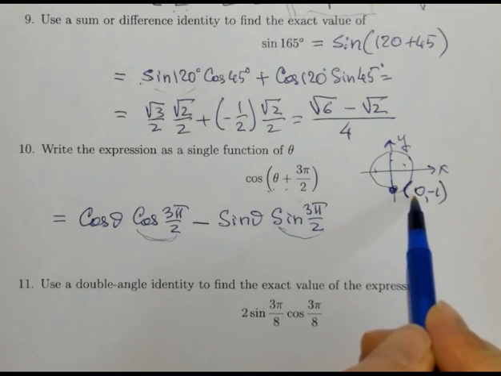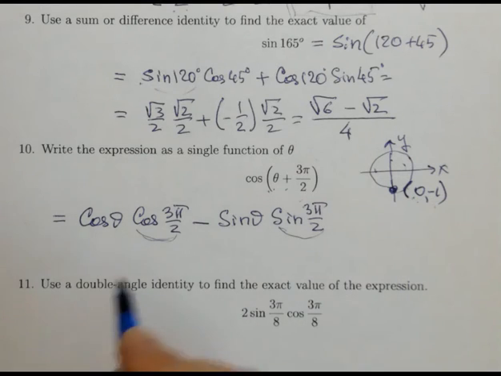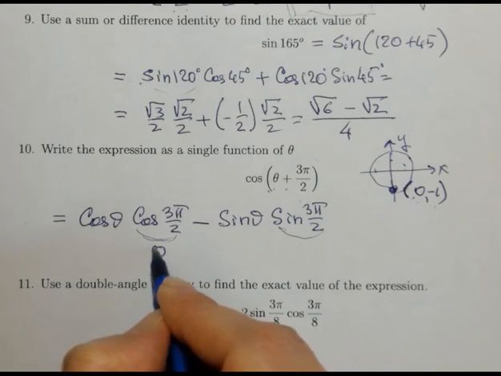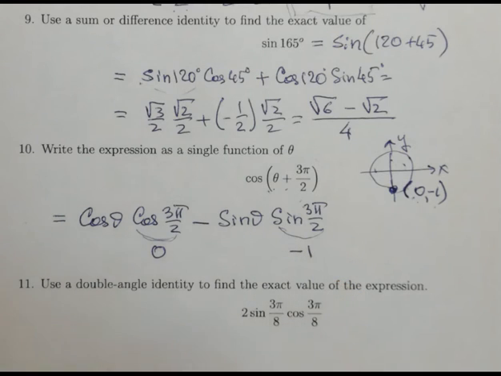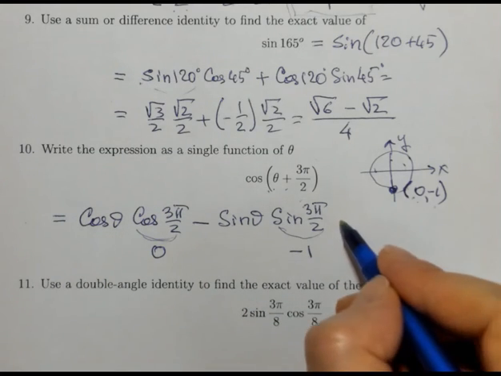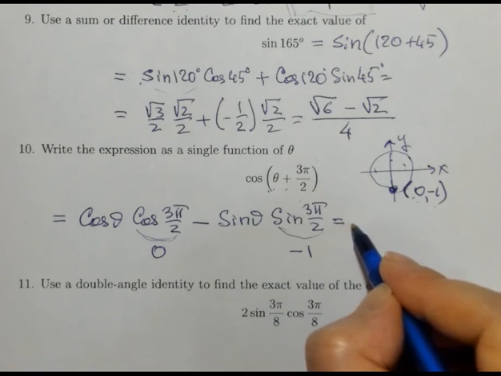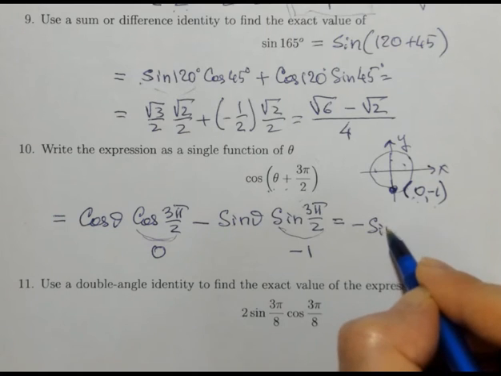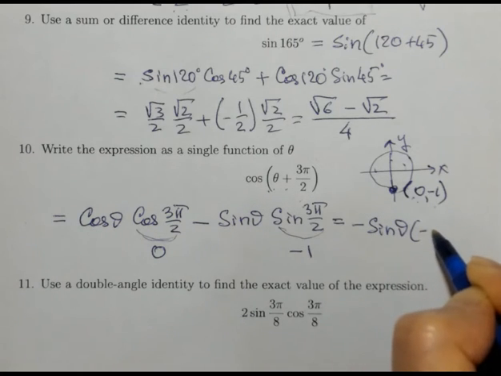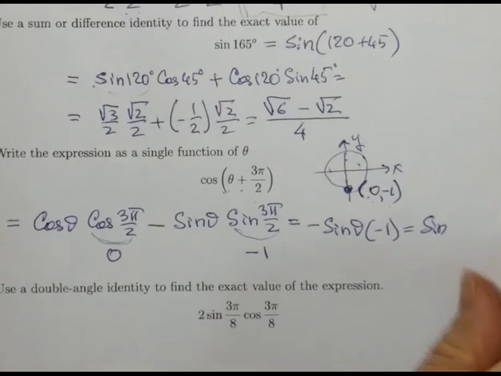It means that cosine of 3 pi over 2 is 0 and sine is -1. So the first term disappears and the second term will be negative sine theta multiplied by -1, or positive sine theta.